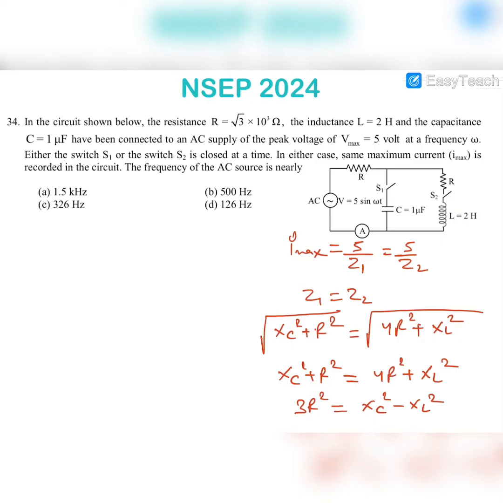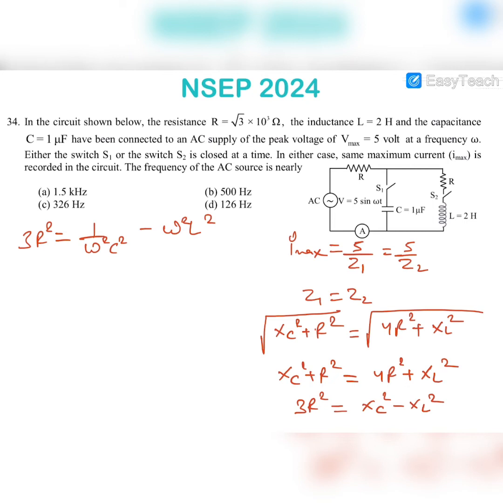This is equal to 3R square. Now XC square is 1 upon omega square C square, and XL square is omega square L square.